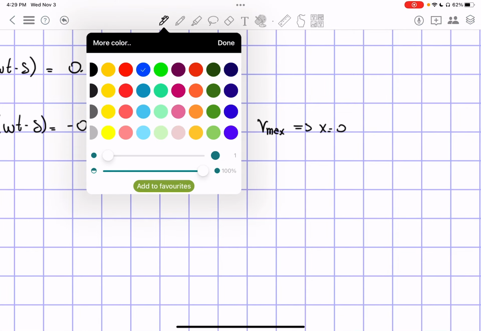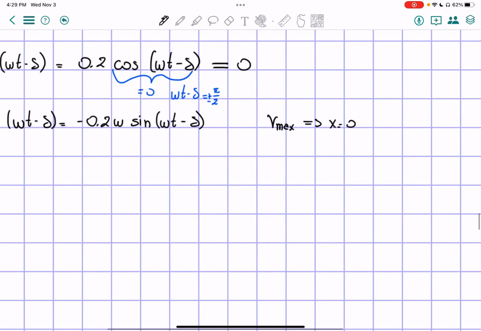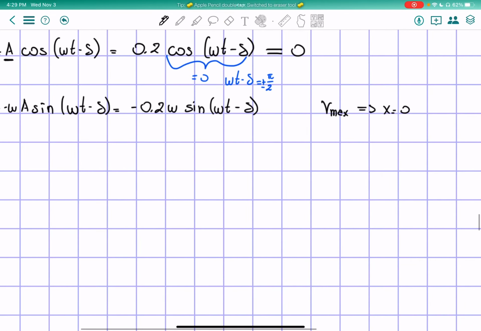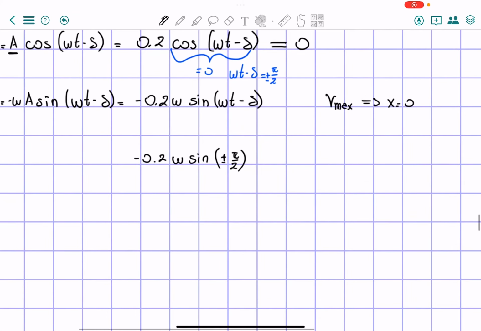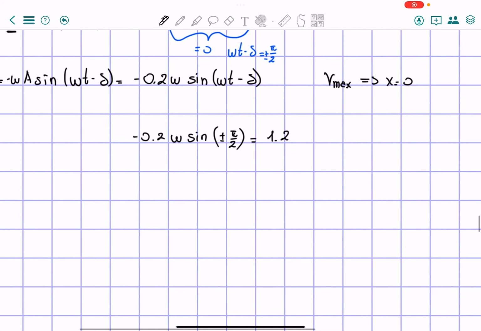Then we have to go down and plug it in here, because that's when the velocity is maximum. So we have negative 0.2 W sine of plus or minus pi over 2, which is equal to the maximum velocity, 1.2. Now, we have a negative here, and we do not have a negative on the right.